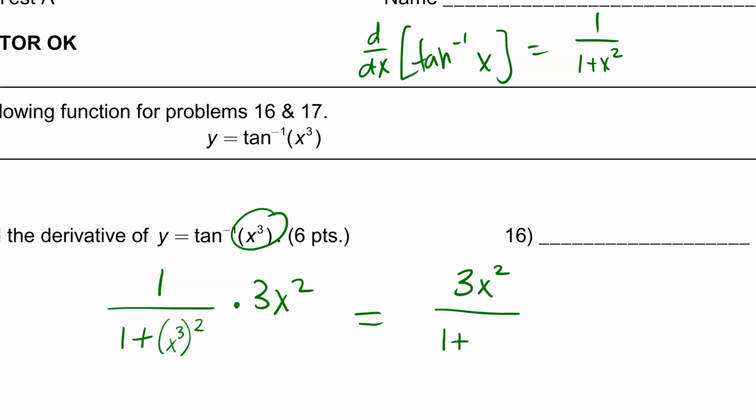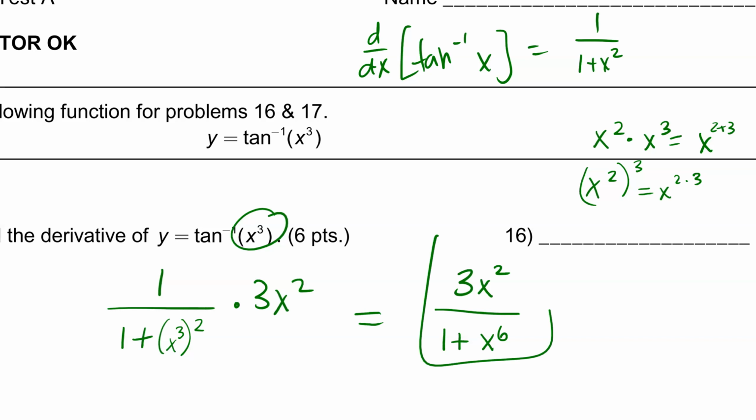Is it 5 or 6? It's x to the 6th. A little note: if you have x squared times x cubed, you would add the exponents. If you have x squared cubed, an exponent to an exponent, you multiply the exponents. Cool. So mostly did well.